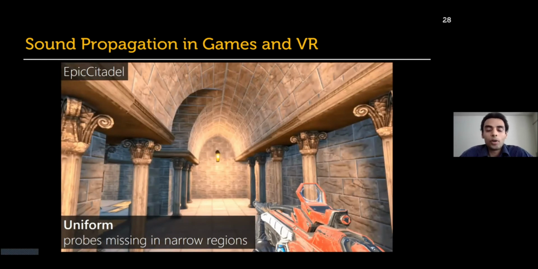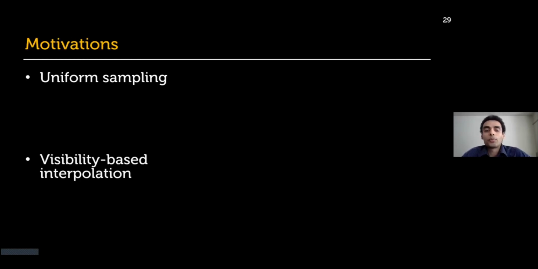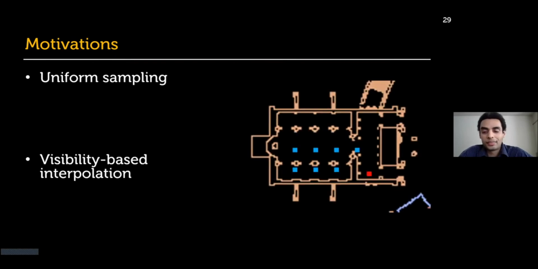Pre-computed systems often use uniform sampling of probes and visibility-based interpolation. We discuss a few issues with these approaches through illustrations. On the right, we visualize the top view of a citadel scene. Blue dots represent probe samples, and the red dot indicates a potential player location.